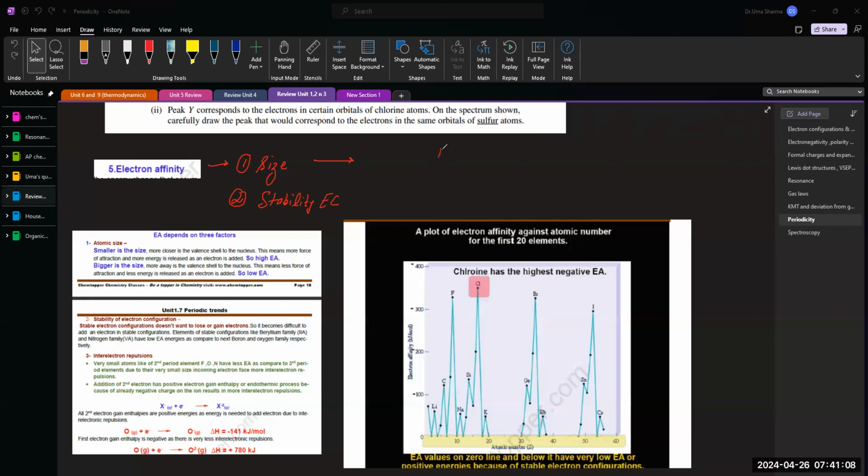So size. Size across the period, what happens to size? Size decreases. Okay, which atom can gain an electron easily? The one which is bigger or the one which is smaller? Children, use your Coulombic forces of attraction law.